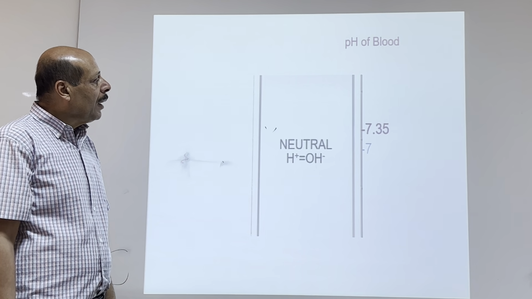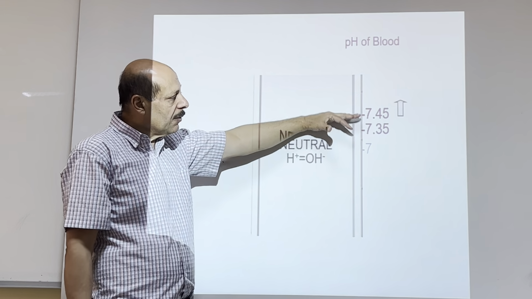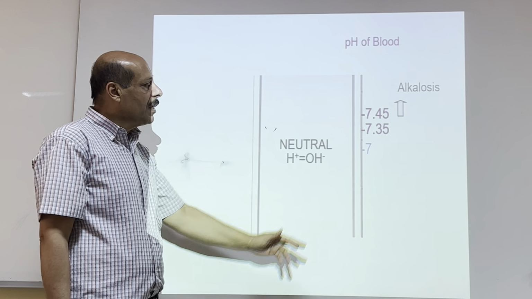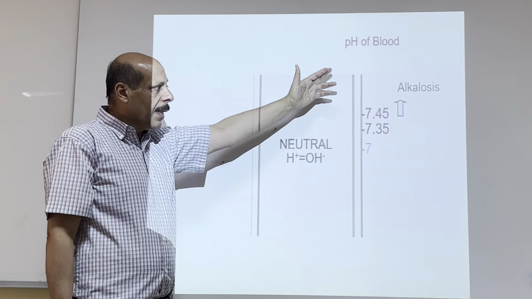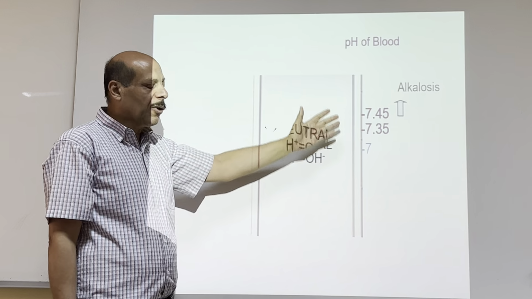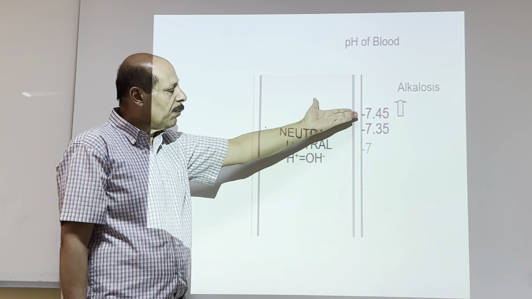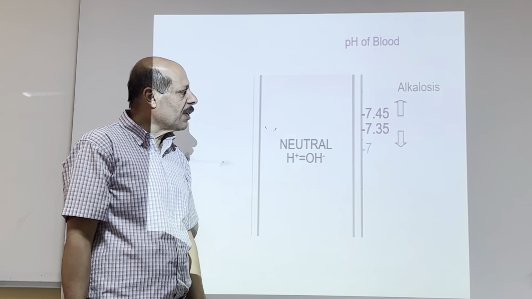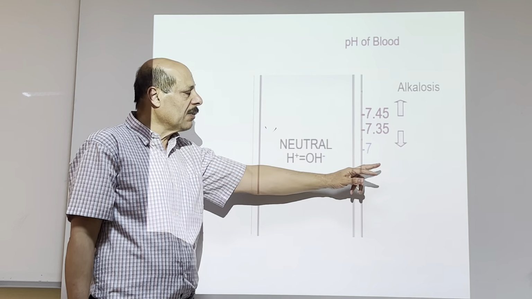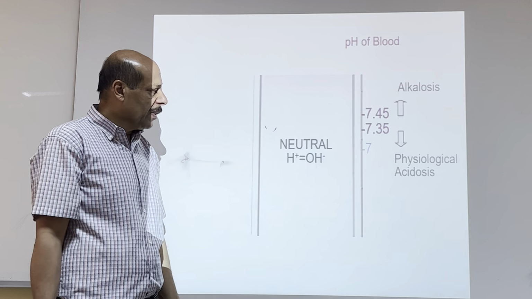So the pH of blood, again, is from 7.35 to 7.45. If it goes more than 7.45, it is going toward alkalosis. If it goes less than 7.35, it is going toward acidosis. This is physiological acidosis and physiological alkalosis.